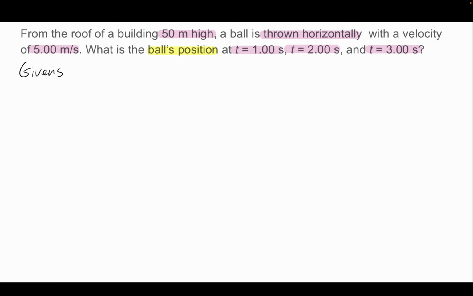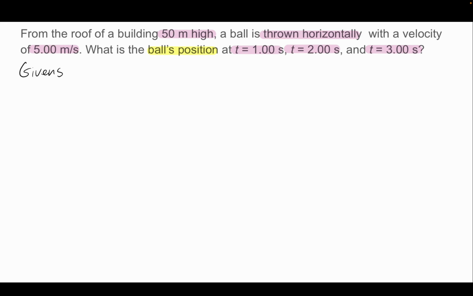What is wrong with this question, though? There is a problem with the wording. And yes, this question is right out of your textbook, but there's a problem with its wording. You have 2 potential positions to find, not 1. This question should have been more specific with the X position or the Y position, because if you are launching something from a 50-meter high building, it is going to drop.